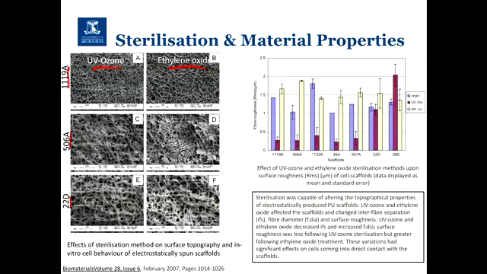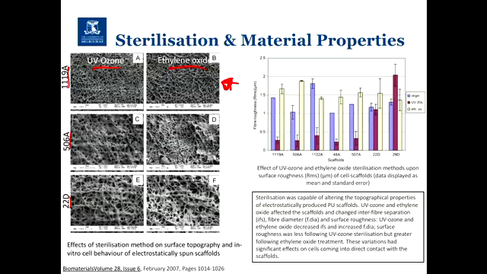So these images here are some nice SEMs, scanning electron micrographs. I've shown you a few of these pictures before. It takes a nice macroscopic image of what is going on with the polymer fibres.